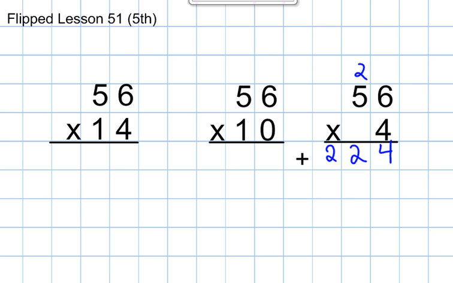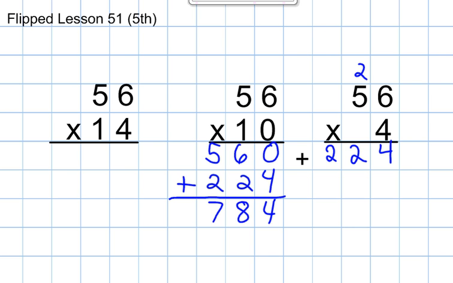As we multiply by 10, we know that a 0 is going to go right down, and then we're going to multiply 1 times 6 and 1 times 5 to get this answer. And of course, we can add these two ideas together, and we get an answer of 784. And so we see this process.